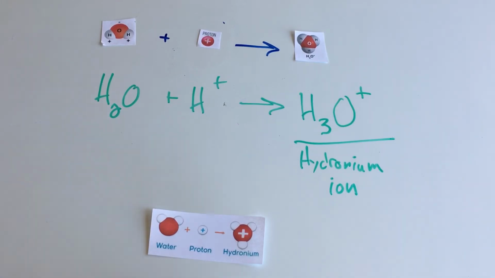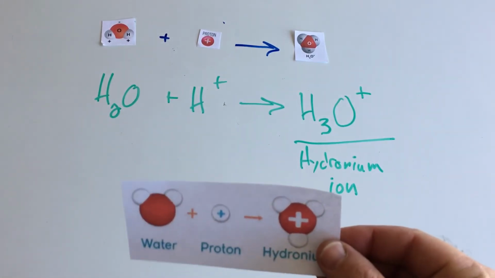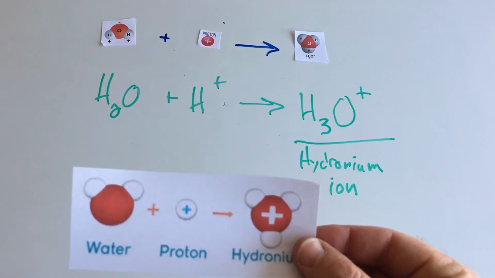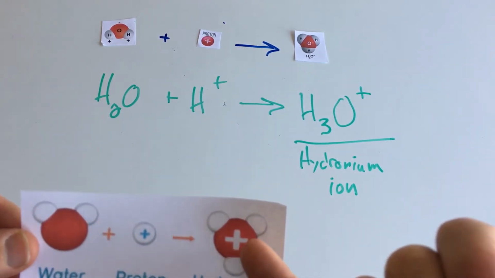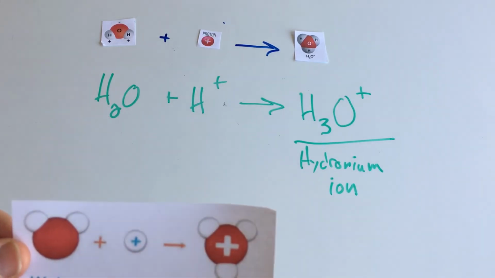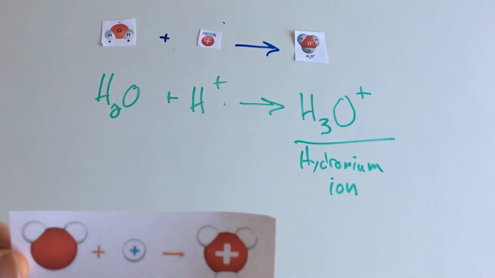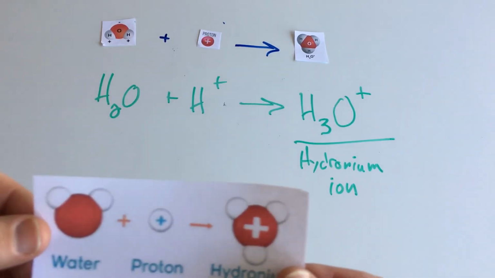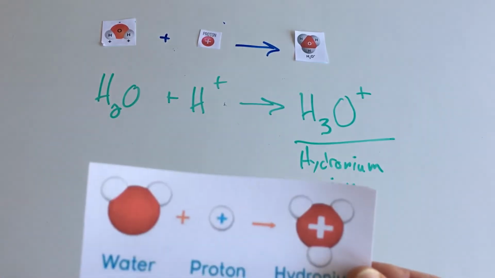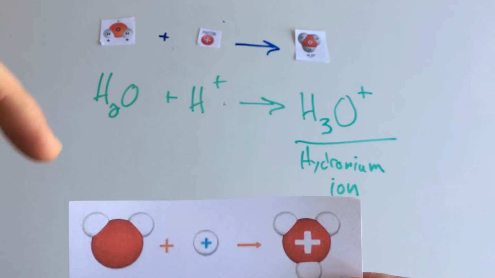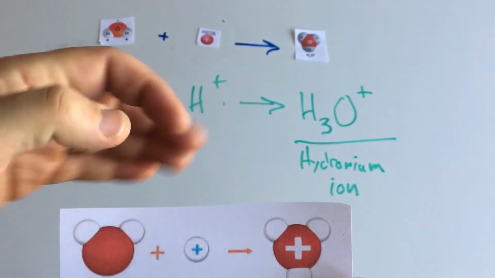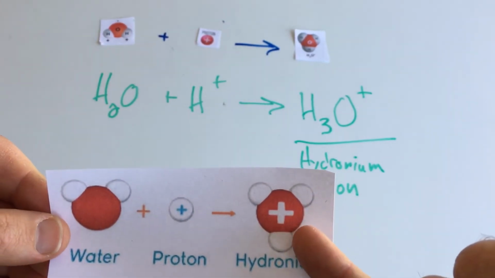So this right here, water plus a proton, gives you a positively charged, that's the plus, for some reason they write it on the atom instead of above the atom, positively charged hydronium ion. It just says that this kind of fake math, H2O plus positive H, gives you H3O plus.